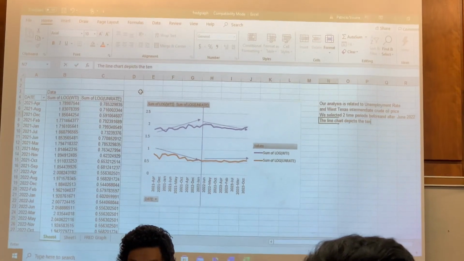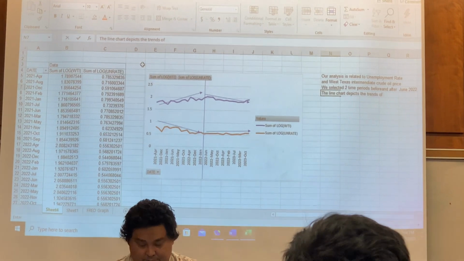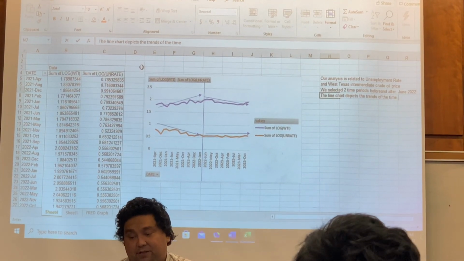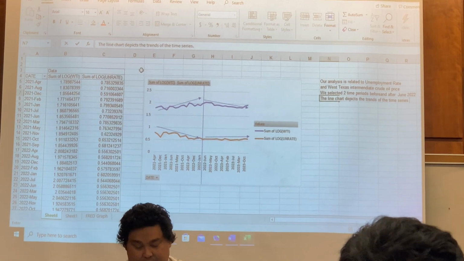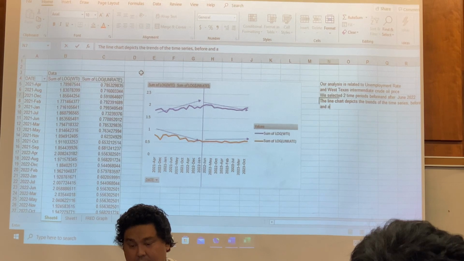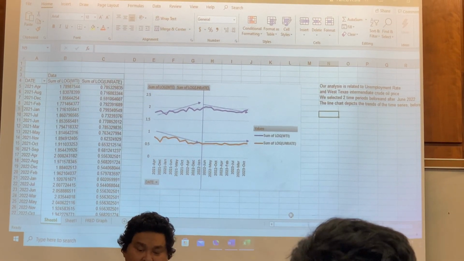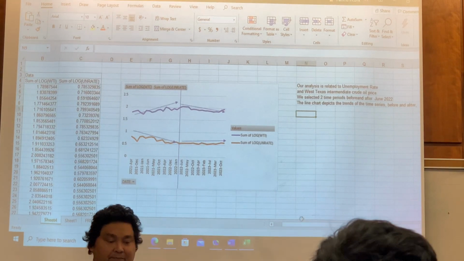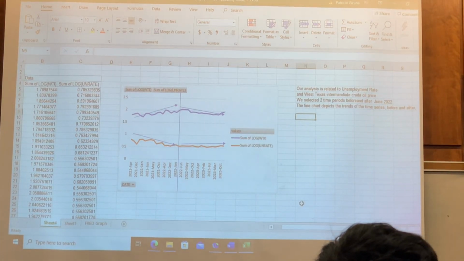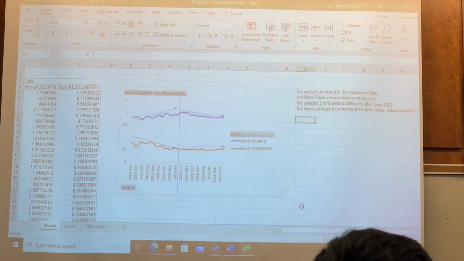Trends. The time series. Before. So if you see here, I'm explaining this. What's going on with this chart? What we are showing. Okay.